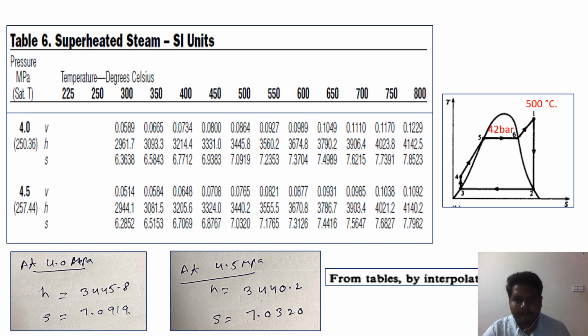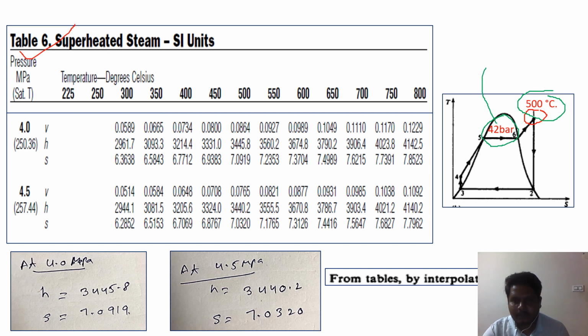Now let us see the enthalpy and entropy values at point 1. Since point 1 is in the superheated region, we have to refer to the superheated steam table. As you can see, this is the superheated steam table. In the problem, the given pressure is 42 bar and the given temperature is 500 degrees centigrade.